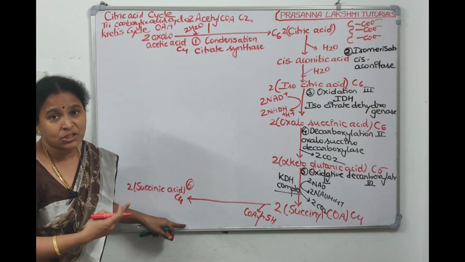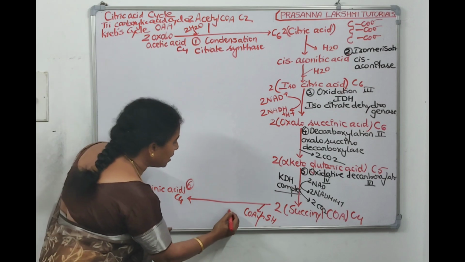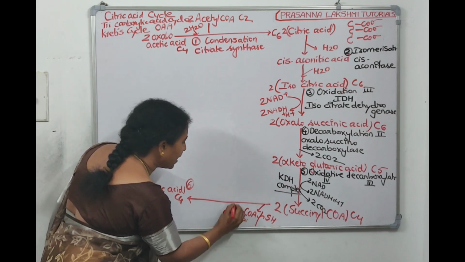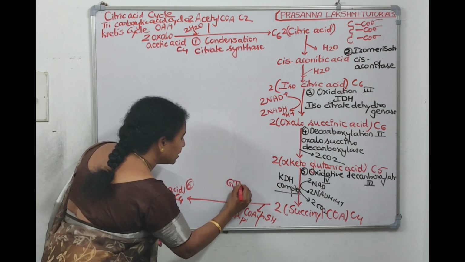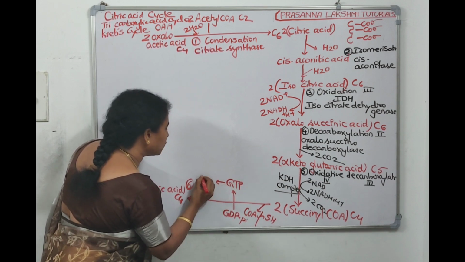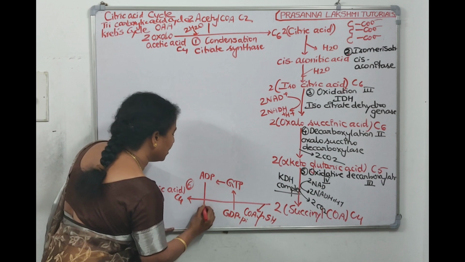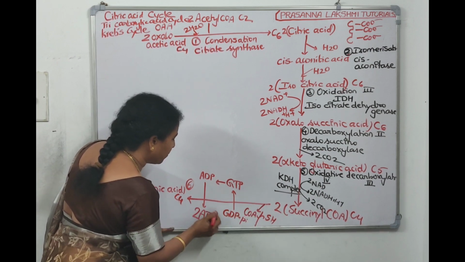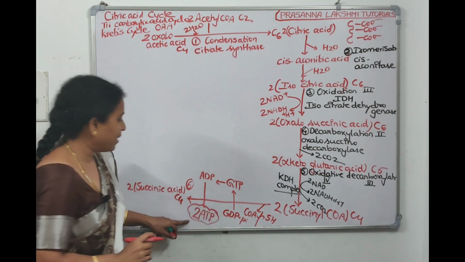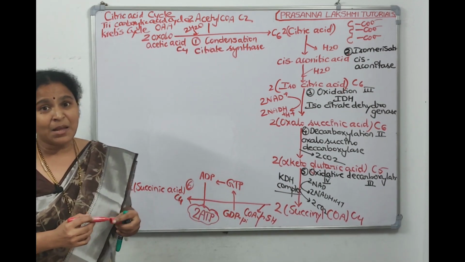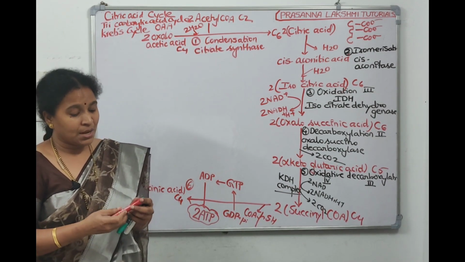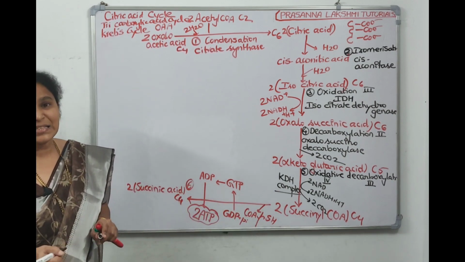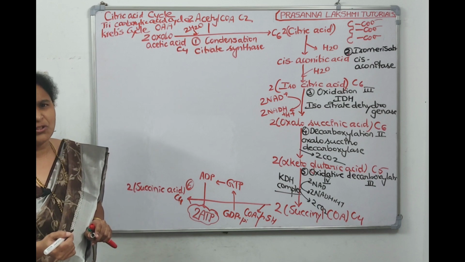When you break that high energy bond, that high energy will combine GDP with Pi to make GTP. This GTP will give the phosphate to ADP, then you will get ATP. So for two ATP molecules, direct ATP is made in this reaction. When ATP is made, the reaction name will be phosphorylation. The substrate is giving the phosphate, so it is SLP, substrate level phosphorylation 3.